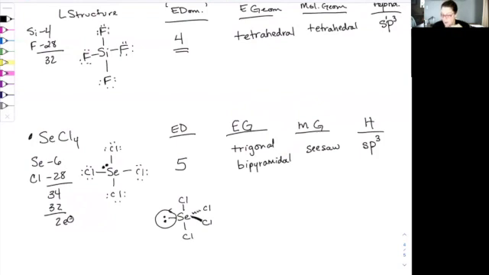So now I'm going to have to bring in a d orbital in order to have enough atomic orbitals to mix to give 5 hybridized orbitals. Because remember that the number of atomic orbitals has to equal the number of hybridized orbitals. We only have 3 P's, we only have 1 S. We have 5 D's that we can work with. So that's why we bring a D in here.